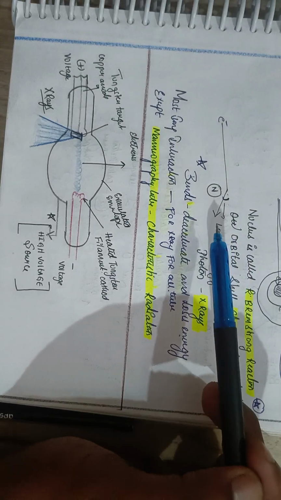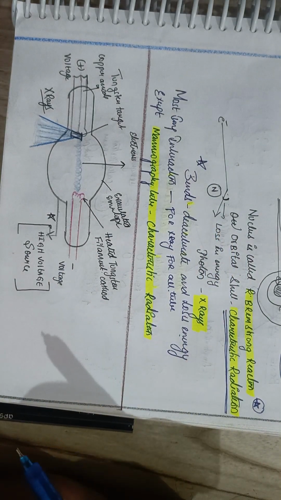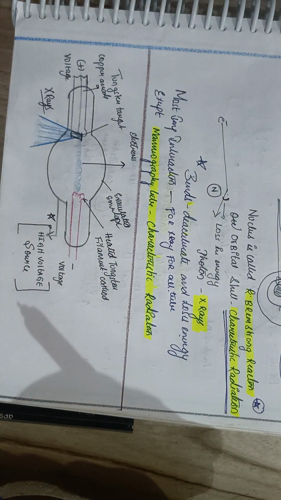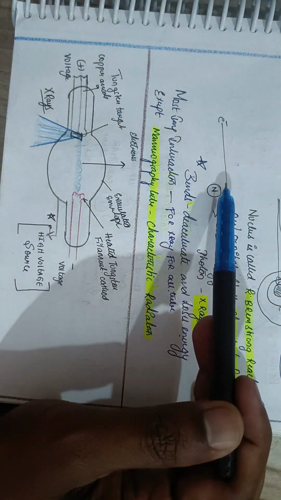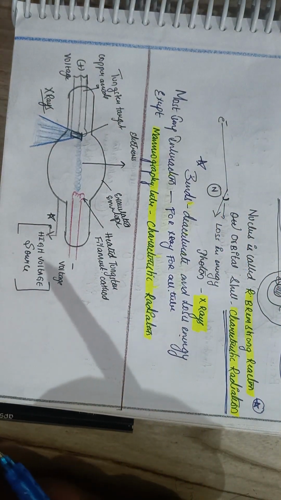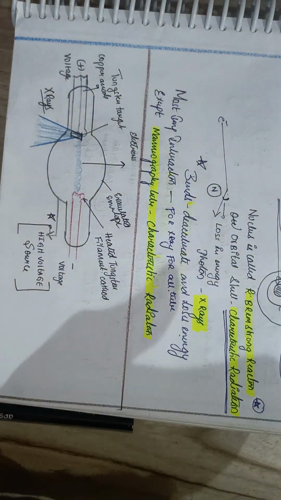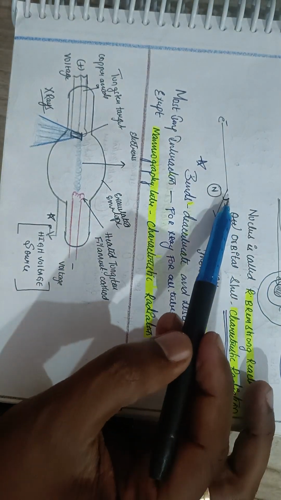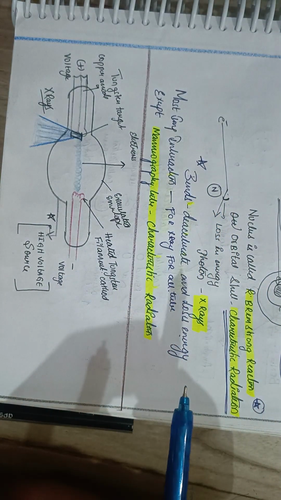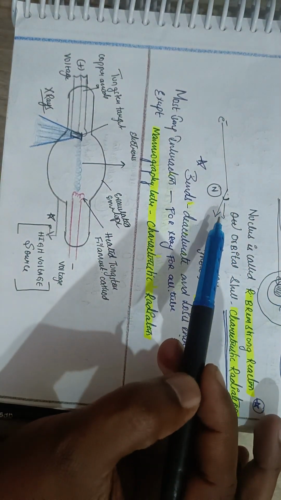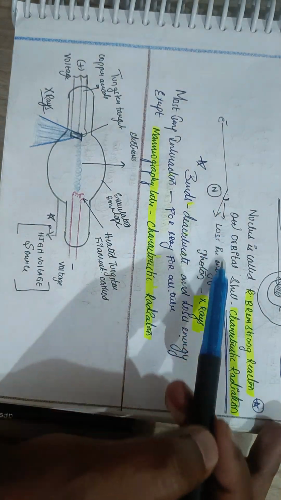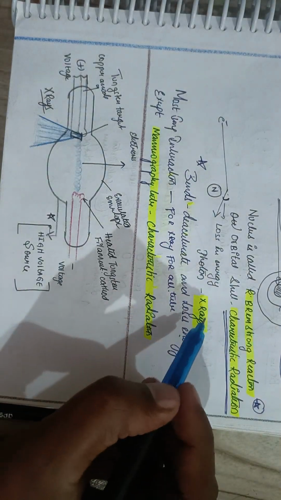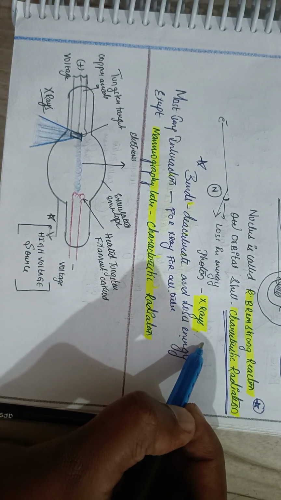Soon after the diversion of their path, there is a reduction in speed. For example, if they are going at a speed of 200 kilometers, like a bike, and suddenly reduce to 100, there is a loss of energy, and this loss of energy is in the form of a photon, that is, an X-ray.